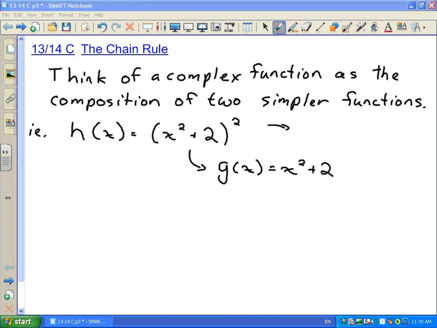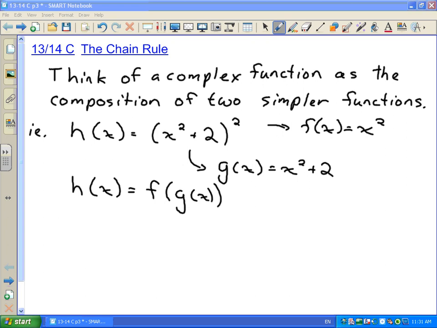Okay, so everything inside the brackets is sort of our one function. And then what we're doing to the stuff in the brackets is another function. So we're squaring those brackets. So our second function is going to be f at x equals x squared. And then we thought of h at x as the composition of those two functions, or f at g of x, or f o g at x.